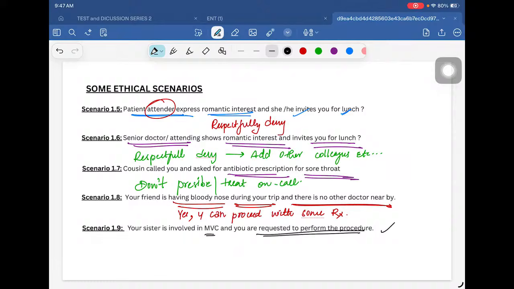In this situation, the most appropriate thing is to get permission from the primary attending, and you can be an assistant helping them. You will not be the lead surgeon, but you can be an assistant.